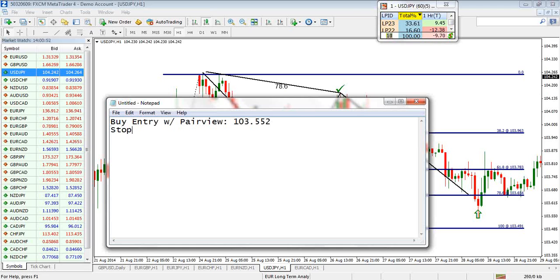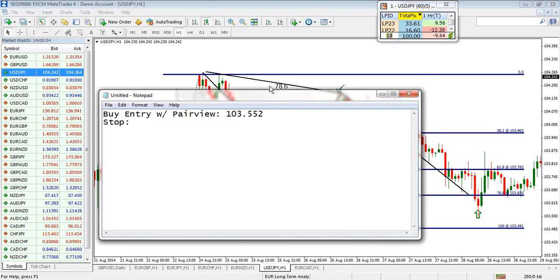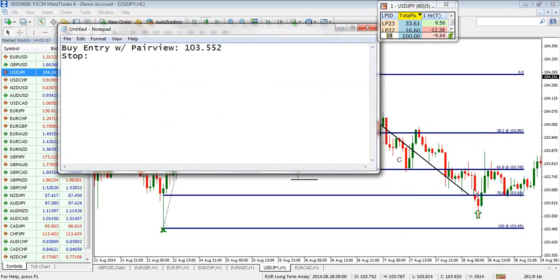The stop on this, remember, the buy entry is right when it hits the 78.6 level. If you're looking for the actual trigger on the chart itself, you would enter right when it hits the 78.6 level. Either way, it would have been a profitable trade, okay? The stop you would place 1 pip below this low down in here. So that's 103.481.